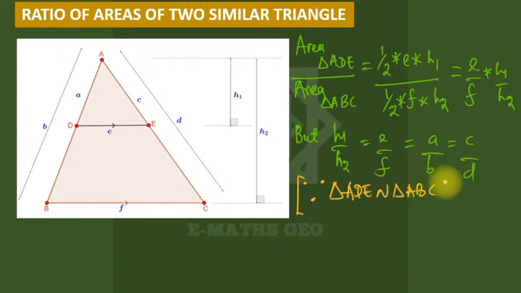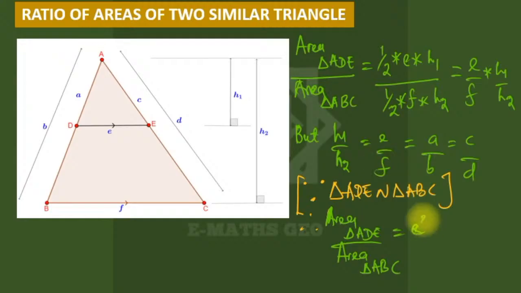So what do you have to say? We now see that the area of triangle ADE over that of triangle ABC will be equal to, so I can replace H1 over H2 with E over F, so I have E squared over F squared.